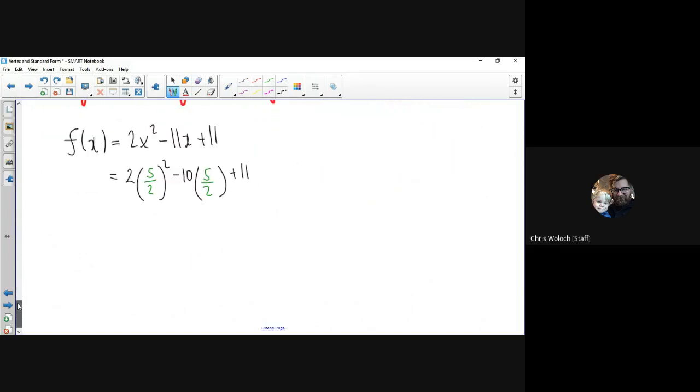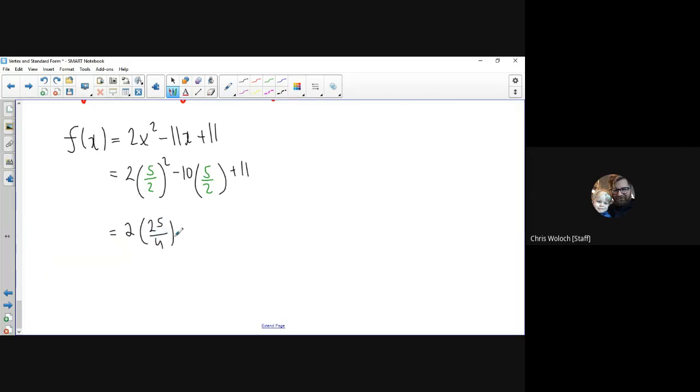All right. And now we just follow the rules of the defined function. So square whatever has to be squared, subtract whatever has to be subtracted. And then hopefully this part is going to be easier. So let's see. This is going to be 25 over 4 minus, now this I can just multiply.